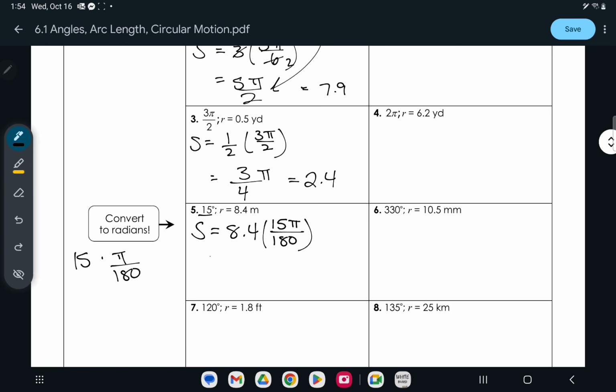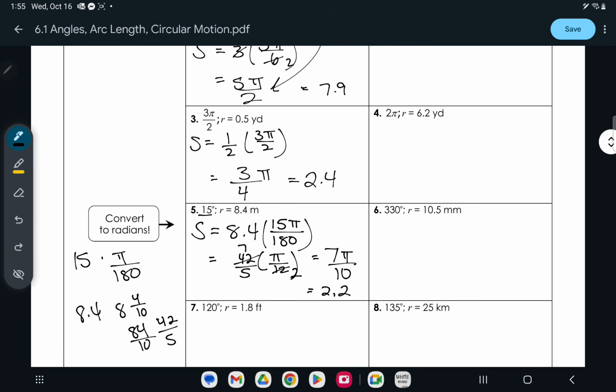Let's see, the 15 pi can reduce to pi over 12. 8.4, let's see, that's 8 4/10, so 84 tenths, which can reduce to, if I divide 84 by 2, what is that, 42. And then the 42 and 12 can reduce by 6, so 2 and 7, so I get 7 pi over 10, and if I throw that in the calculator, I get 2.2.